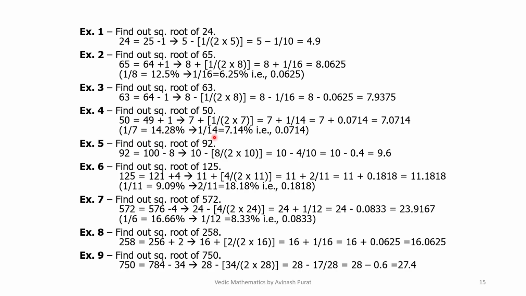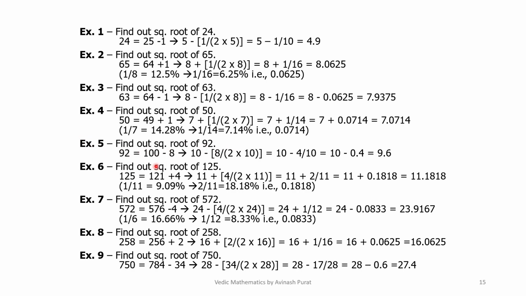So 1 by 14 is 7.14%. That is 0.0714. So answer is 7 plus 0.0714, that is 7.0714.